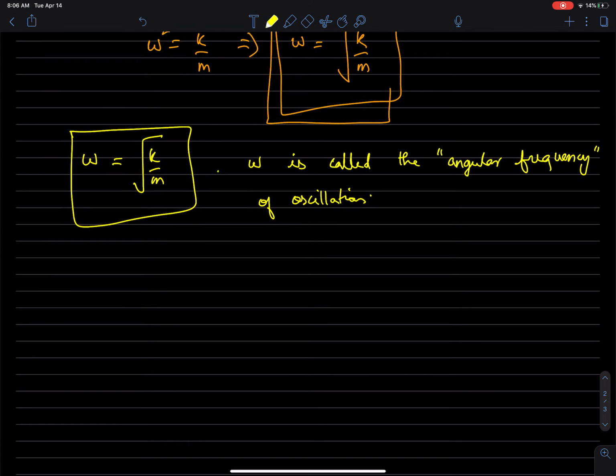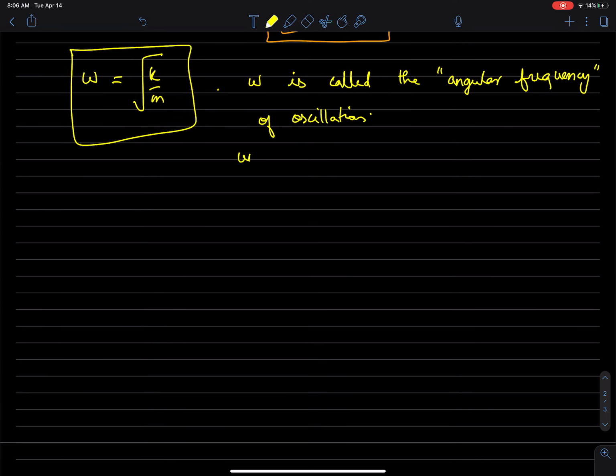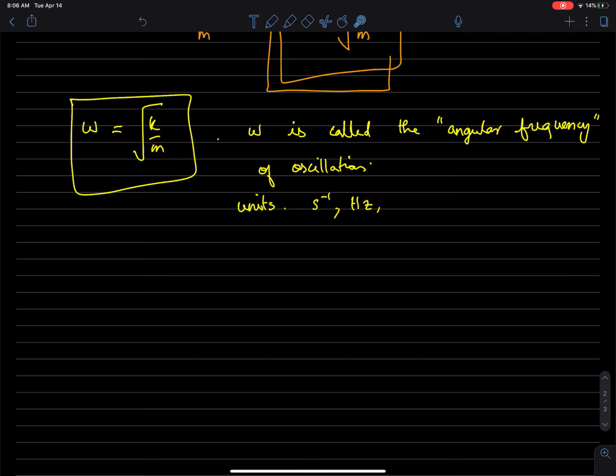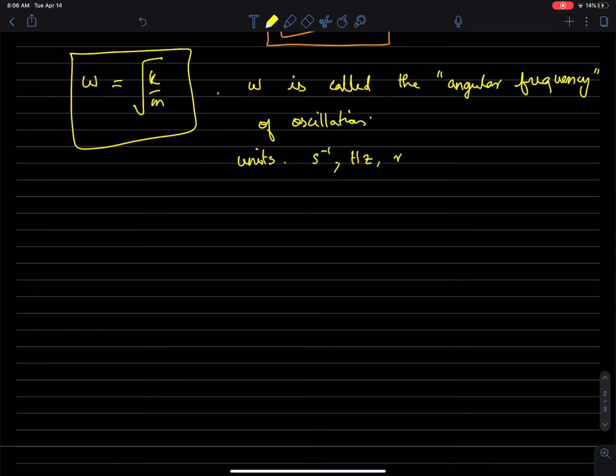You can use whatever units. You can say just second to the power minus 1, which is the same as hertz, or if you want to make clear the angular part of the angular frequency, you can say radians per second.